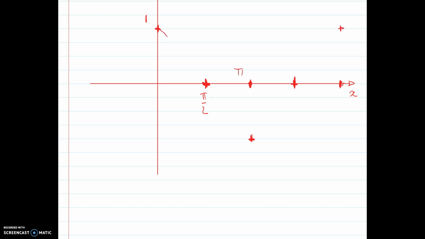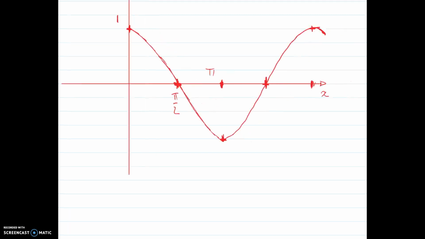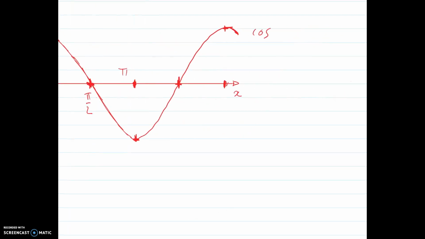So my graph is something like this. Let me see if I can do that better for this one. There we go. Okay, so that is for cosinus x.